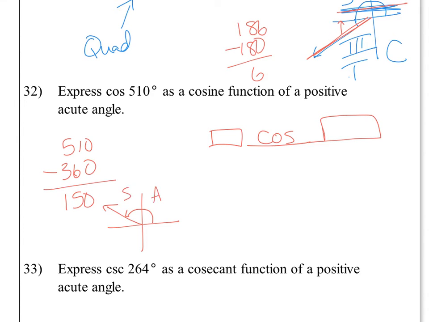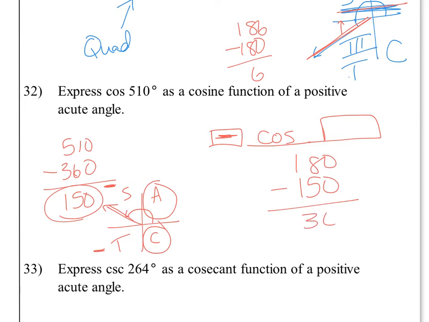Cosine is only positive here and here. In quadrant 2, cosine is negative. Then we need the positive acute angle, which is its reference angle, so we do 180 minus 150, which is 30. So it's negative the cosine of 30.